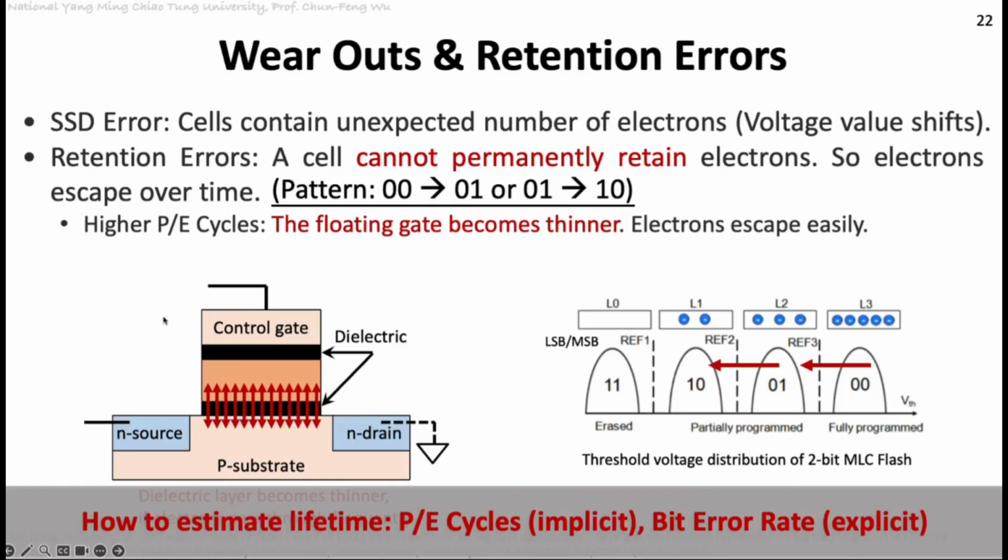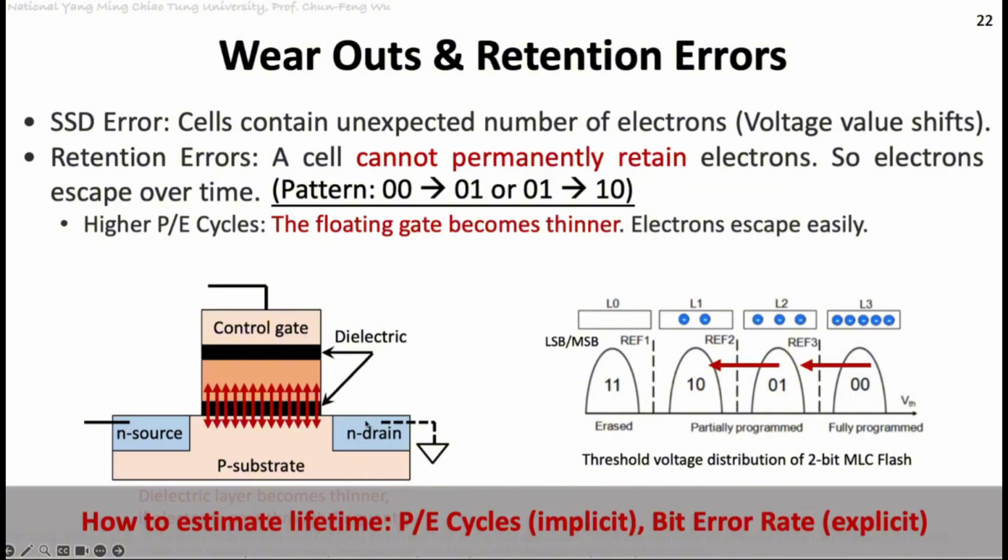For example, we only know that this patch has been written and erased a lot of times. Maybe the health status for some cells is bad, but maybe for some it is super healthy because there are some process variations between different cells. Some cells can endure more write and erase, but some cells have worse health status because their dielectric layer becomes thinner more easily. So PE cycle is implicit.